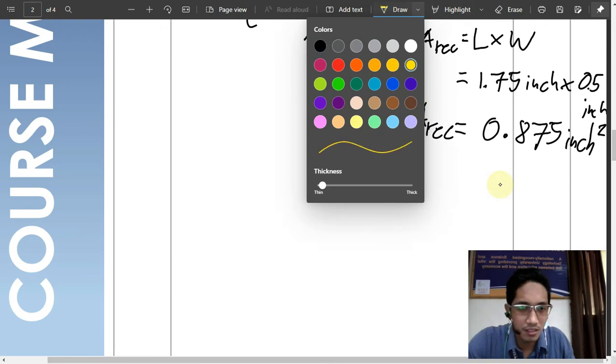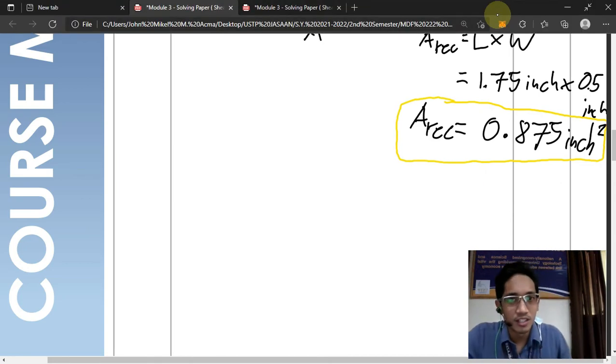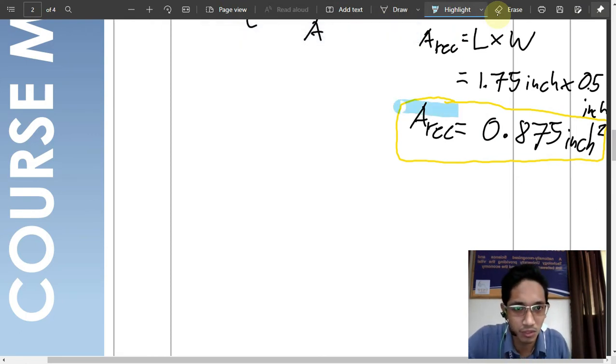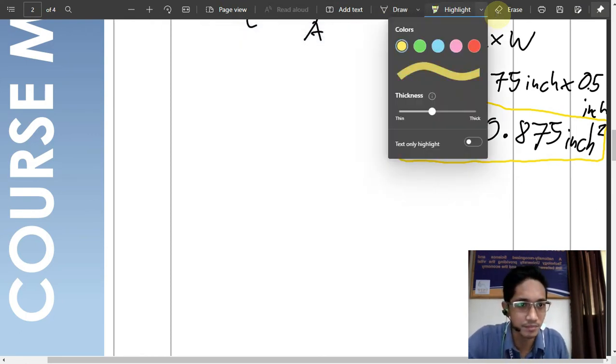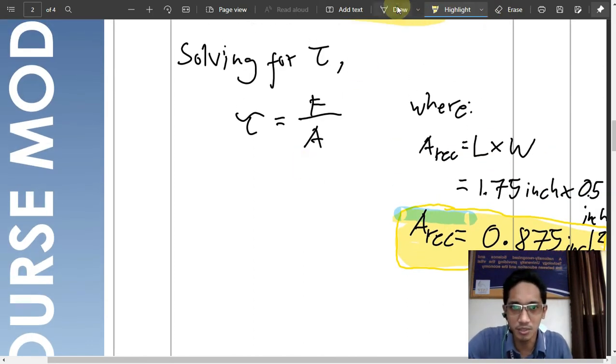With that, there are corresponding points. Again, please elaborate your solution. This has corresponding points so I can annotate your PDF of the solution. Highlight it in yellow: 0.875 inch squared. Now, direct substitution.